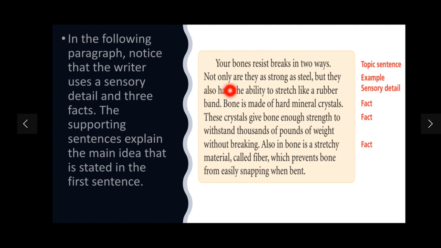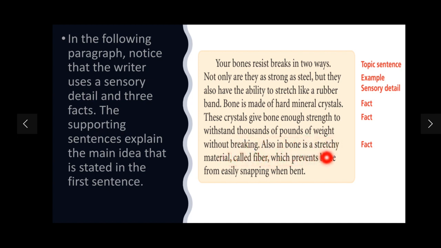Not only are they as strong as steel, but they also have the ability to stretch like a rubber band. Bone is made of hard mineral crystal. These crystals give bone enough strength to withstand thousands of pounds of weight without breaking.